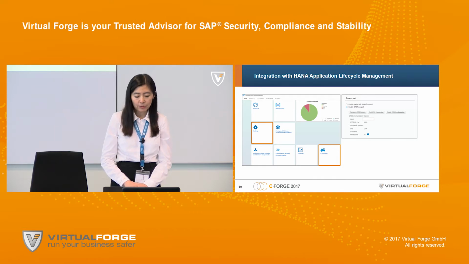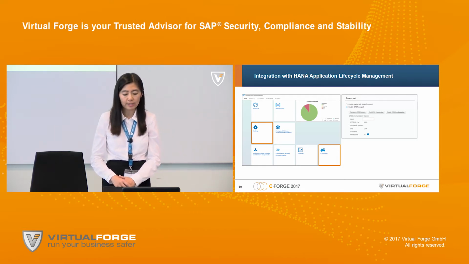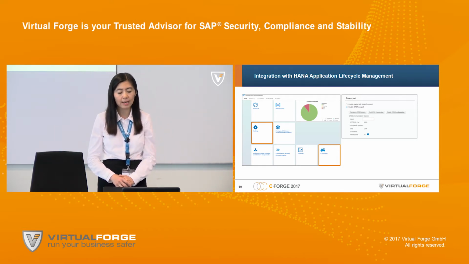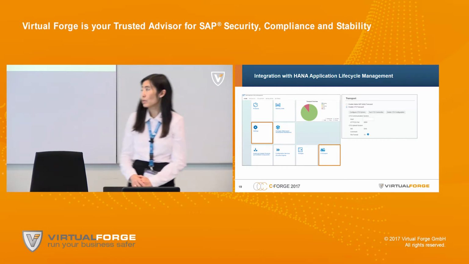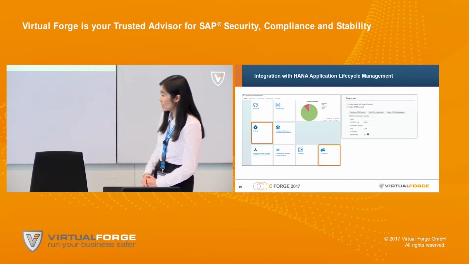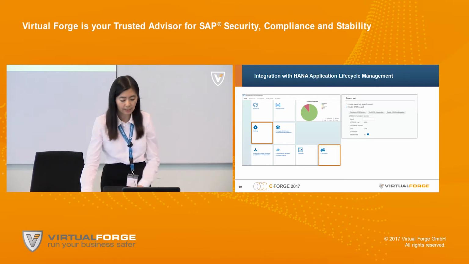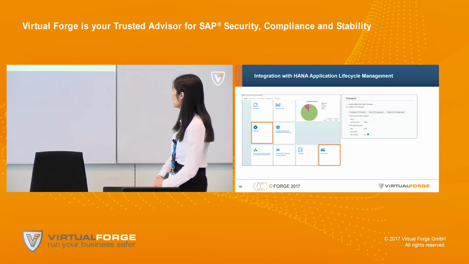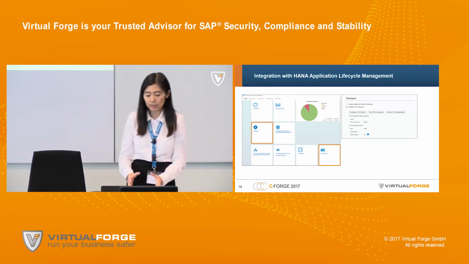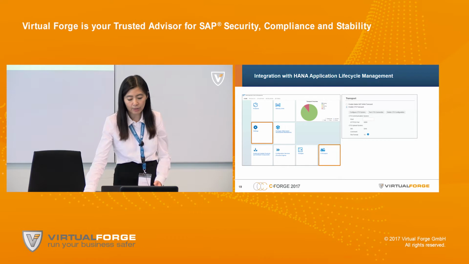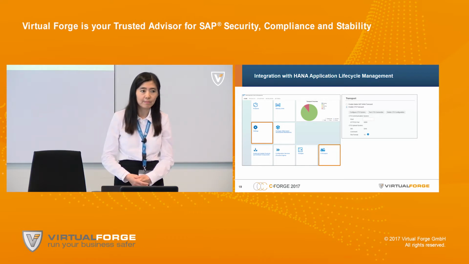The TMS integration is integrated into HANA application lifecycle management. You see here two tabs, the settings and CTS export. With the settings, you need your HANA system, and your HANA system must be enabled for CTS transport.